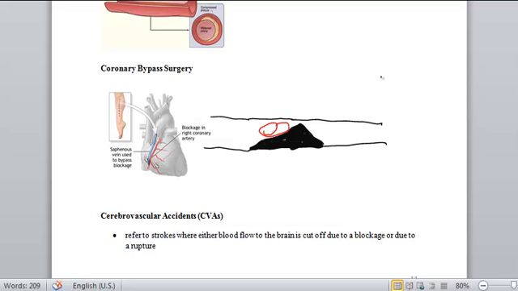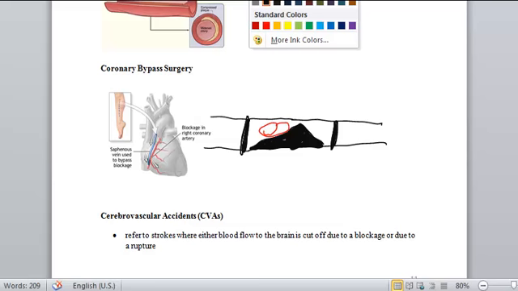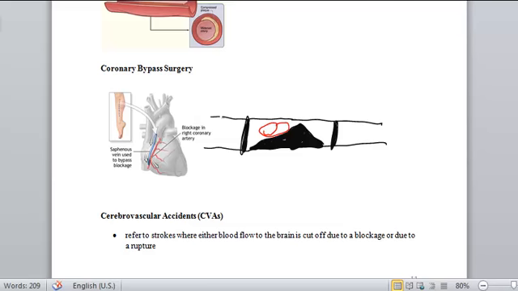Well, what they do in coronary bypass surgery is they take a vessel out of your leg and they basically seal off, tie this off so it can't break or go anywhere, and then they cut into here, cut on the other side of where they've sealed, and then they attach the new vessel.